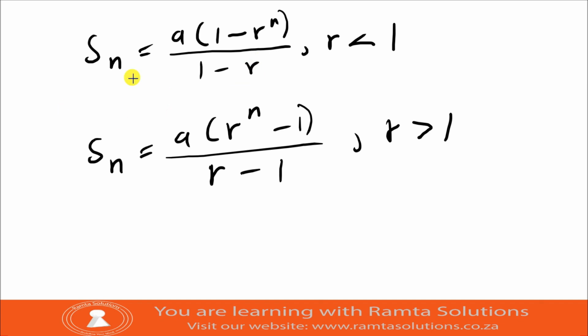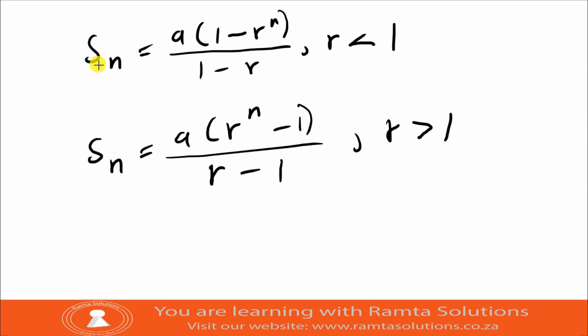Again, Sn is still the sum of the first certain number of terms of whatever series you're looking at, where n is the term number, a is the first term, r is the common ratio, just like that. So nothing changed here. We're still saying Sn is the sum of first n terms.